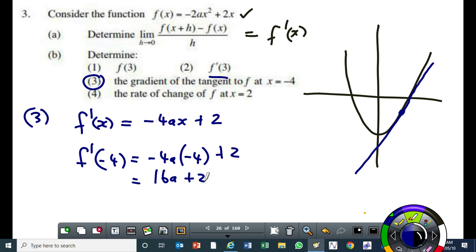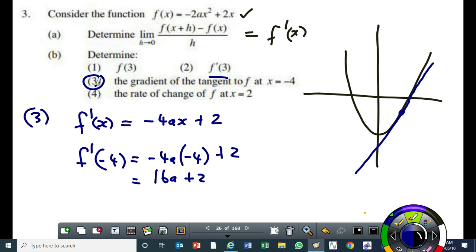Right? Then number 4 says the rate of change of f at x equal to 2. Remember, I told you, I think it was yesterday, that the gradient is also called the rate of change. Okay? So the way that I did number 2 and number 3 is the same as number 4.